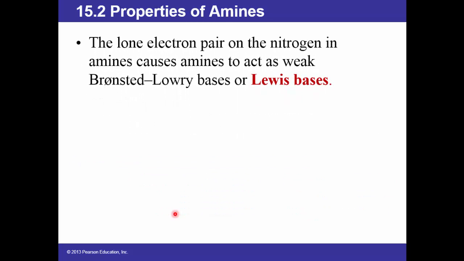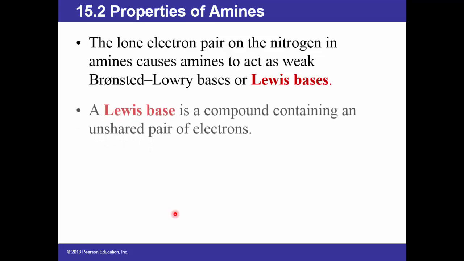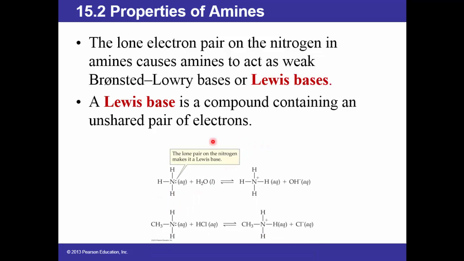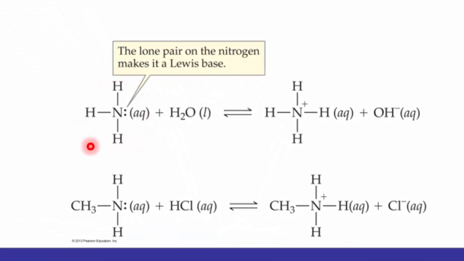Now the lone electron pair on the nitrogen in amines causes amines to act as weak Bronsted-Lowry bases, or simply Lewis bases. What is a Lewis base? It is a compound containing an unshared pair of electrons. Like here, this is ammonia.